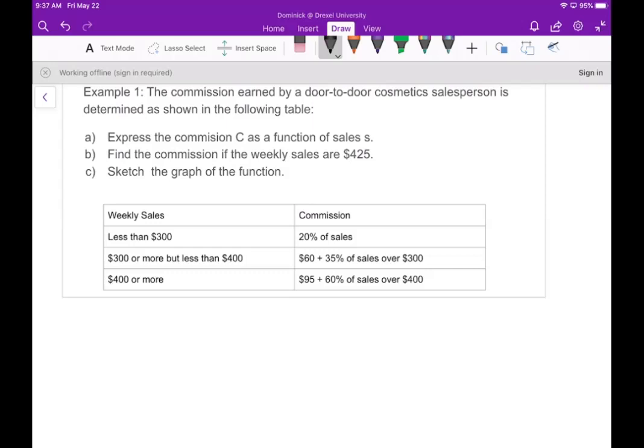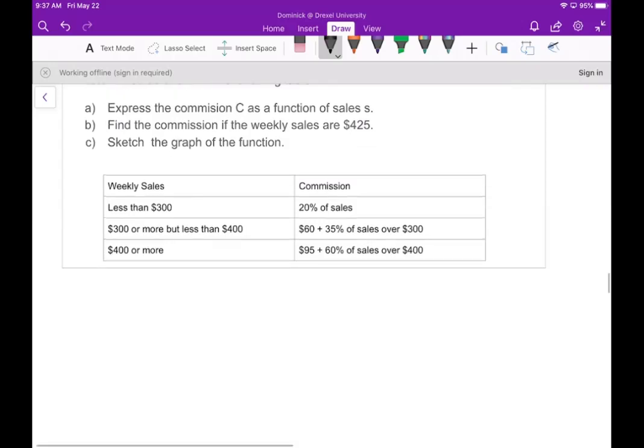Okay, so let's go ahead with part A. We want to find this commission as a function of sales. So we want to find a function C of S. Since it's different for each one of these values of S, we have a piecewise function here.